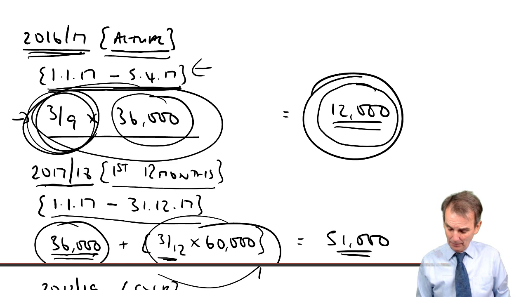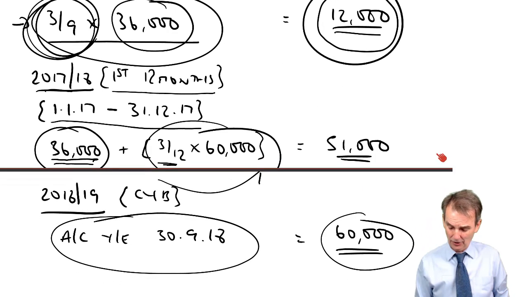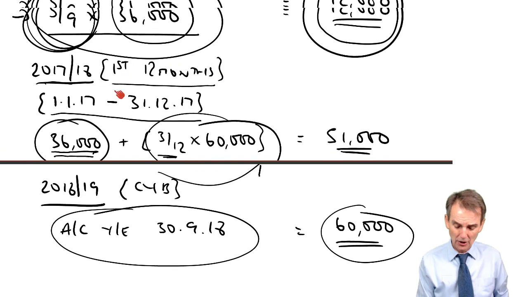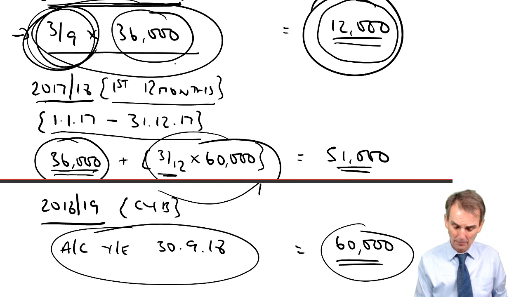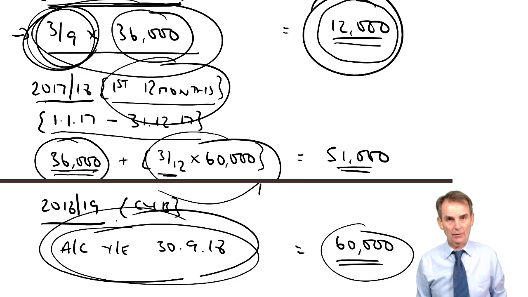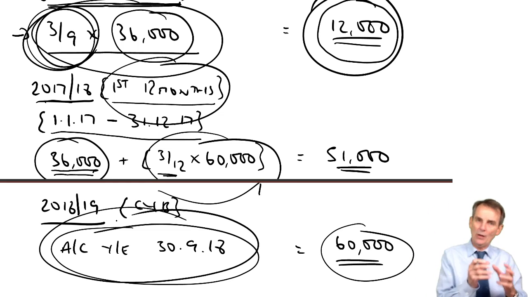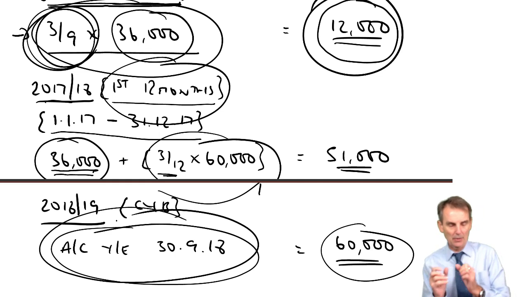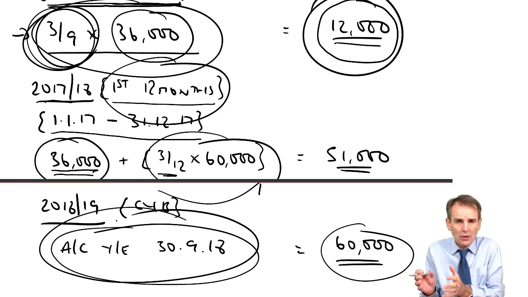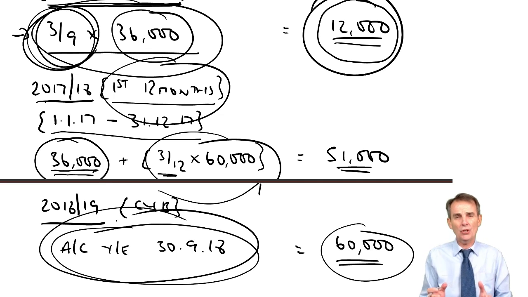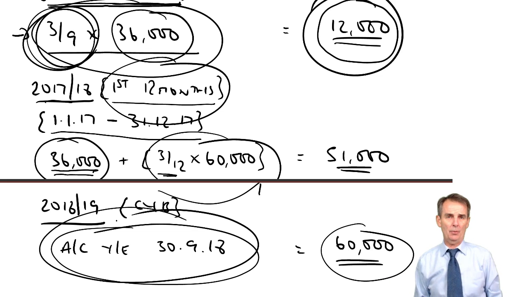How many months' worth of profit have you then been assessed on? You've been assessed on 12 months' worth of profit. So in the first year where we traded for 3 months, we assessed 3 months' profit. In every subsequent year, you've traded for 12 months and been assessed on 12 months of profit.